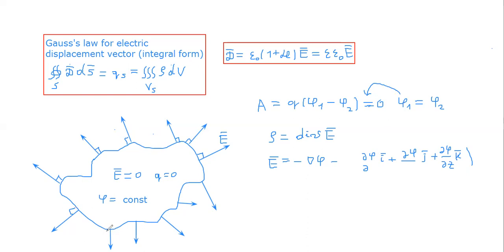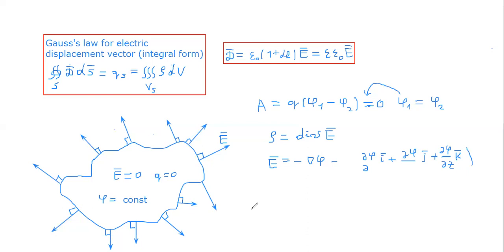Why? Because in the other case, electric field intensity will lead to electric current on this surface.